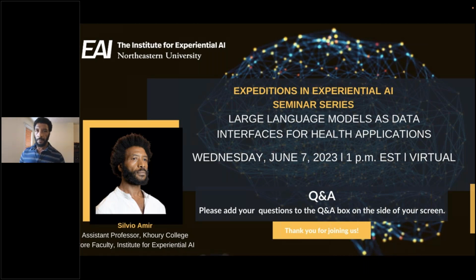Divya asks, how can we access some health data to start working on validating the information generated by LLMs? Yeah, so there's not a lot of medical data easily available for privacy reasons.